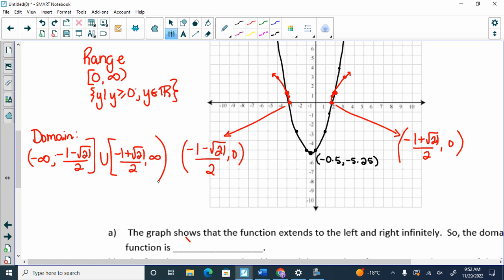The U just means or, because you can either have x values that are less than this, or x values that are greater than that. The U just means or. And if it was this way, it would mean and. Well, there are no x values that are less than this and greater than that. There's not an x value in the world that would suffice that. So that's why you have to use the union, because it means or. Sure. In set notation, it looks like this.